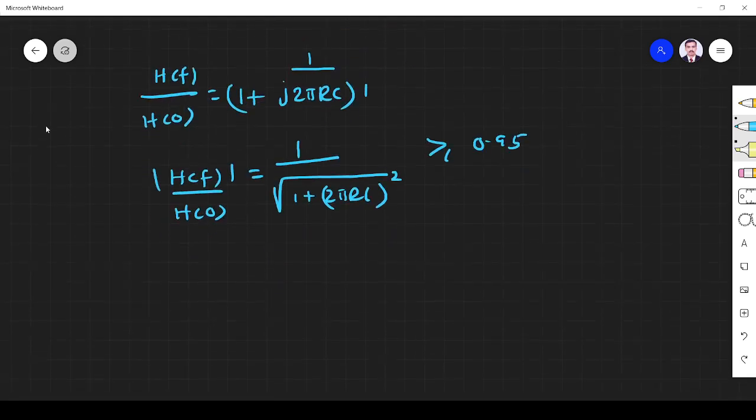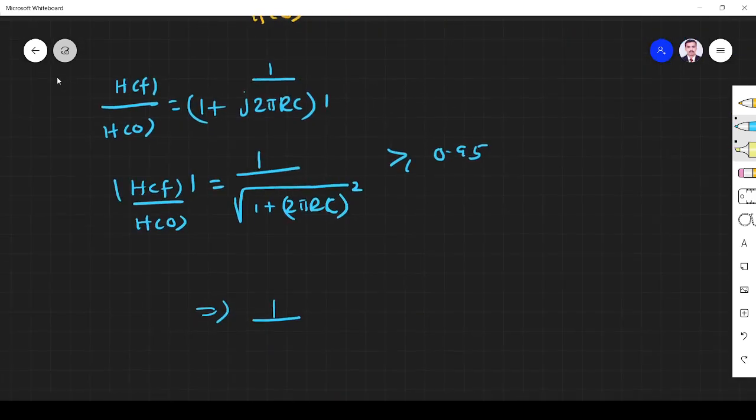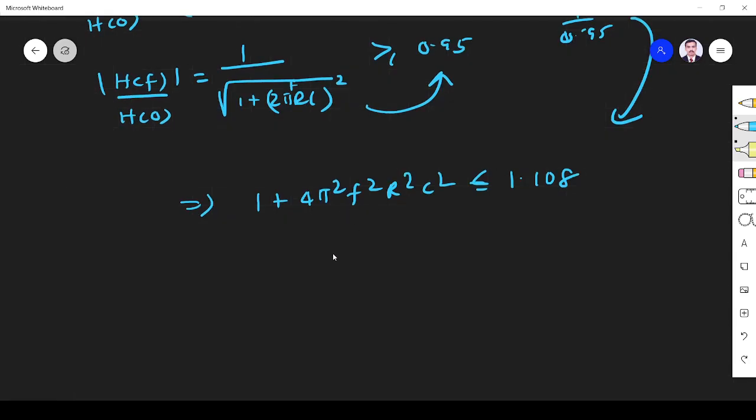Okay, fine. So if you simplify, what will happen? R is 1 kilo ohm and C is 1 microfarad. Substitute all the values. If you simplify, what you get is 1 plus 4 pi squared f squared R squared C squared is less than or equal to 1.108, bringing the 1 by 0.95, which is 1.108, to this side.